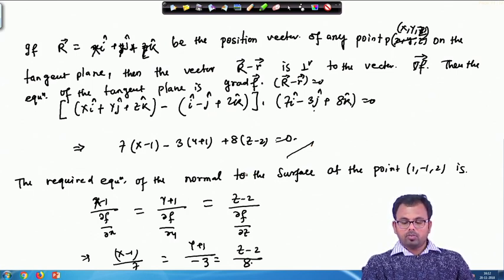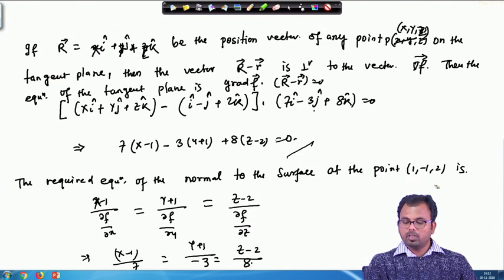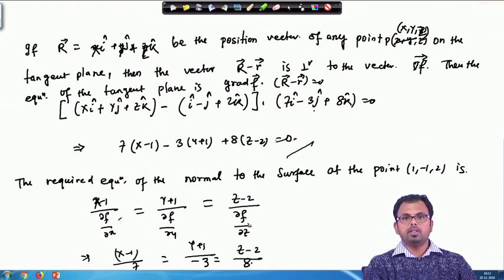And then the equation of the normal to the surface at this point can be given by (x minus 1) divided by del f del x, (y plus 1) divided by del f del y, (z minus 2) divided by del f del z.